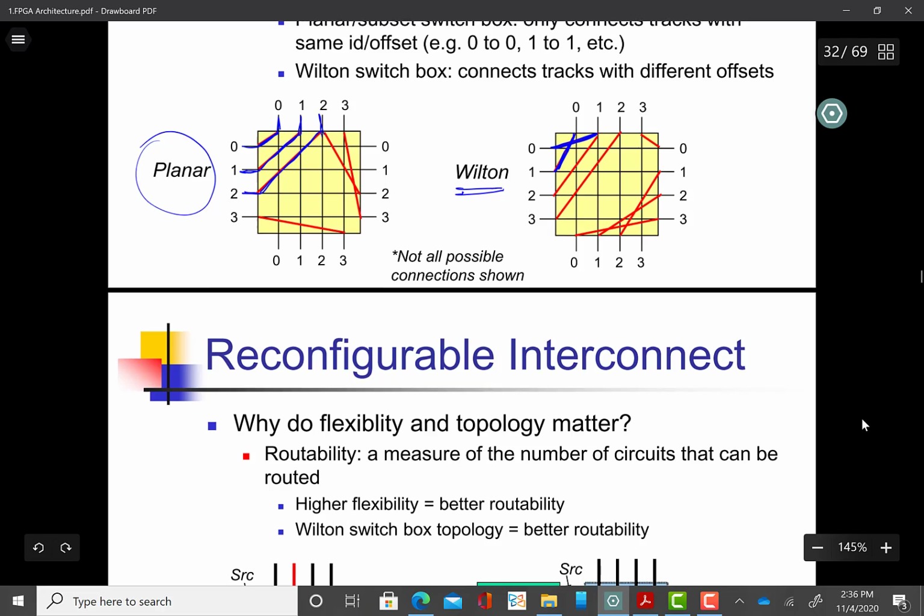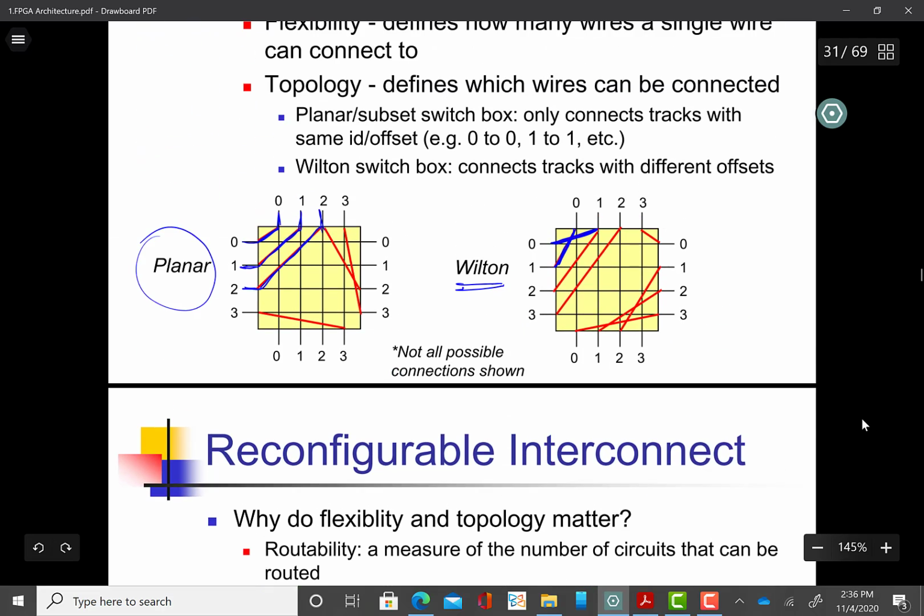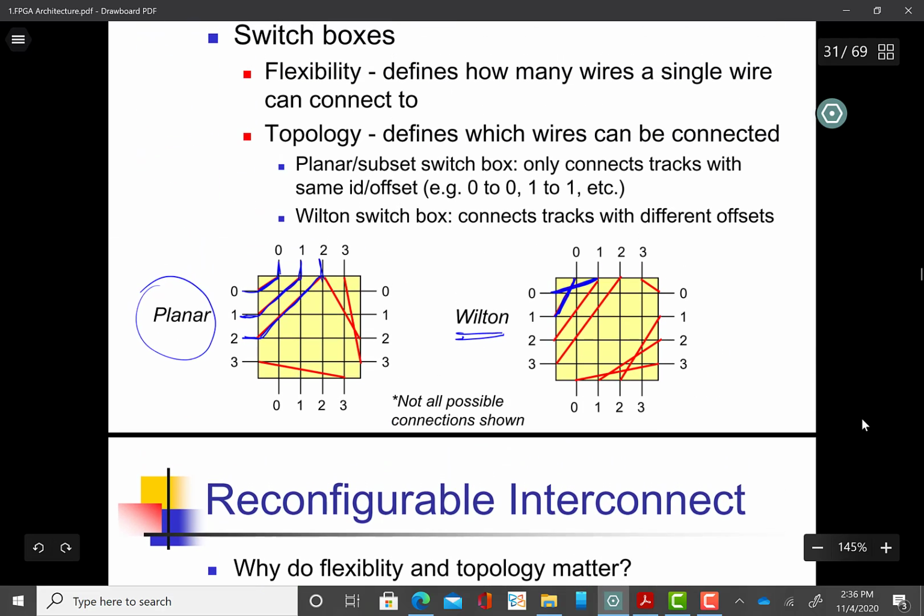Okay, so a lot of complexity and a lot of design decisions go into how we design the switch box. And if you have taken a course on computer networking, this is somewhat like how routers are used to route packets.